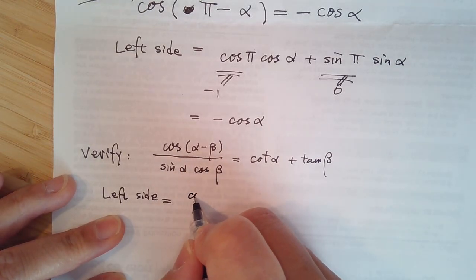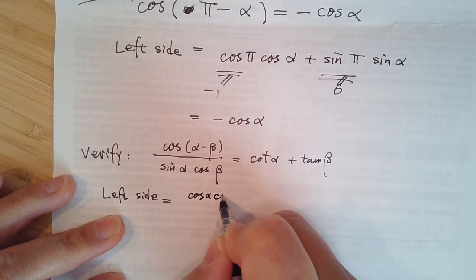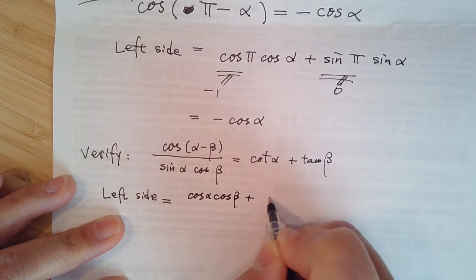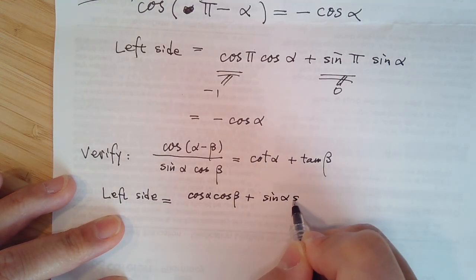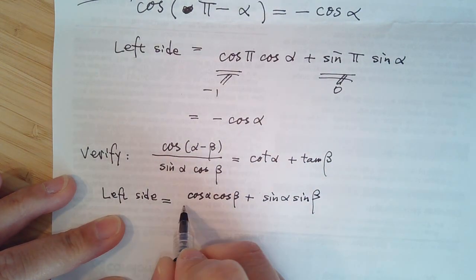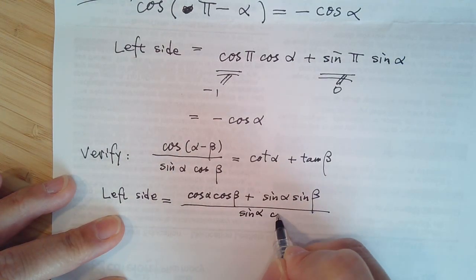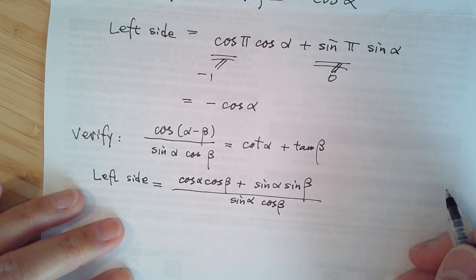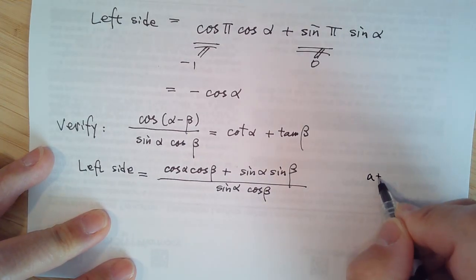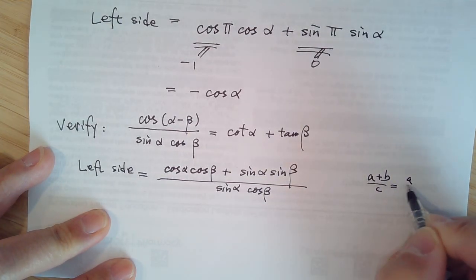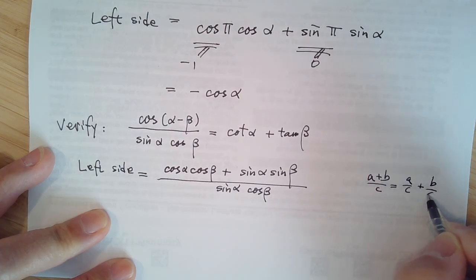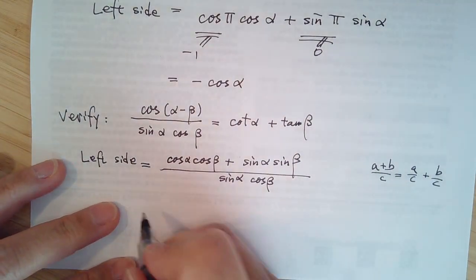That would be cosine alpha cosine beta plus sine alpha sine beta over sine alpha cosine beta. Since A plus B over C is just A over C plus B over C, we can write that separately.